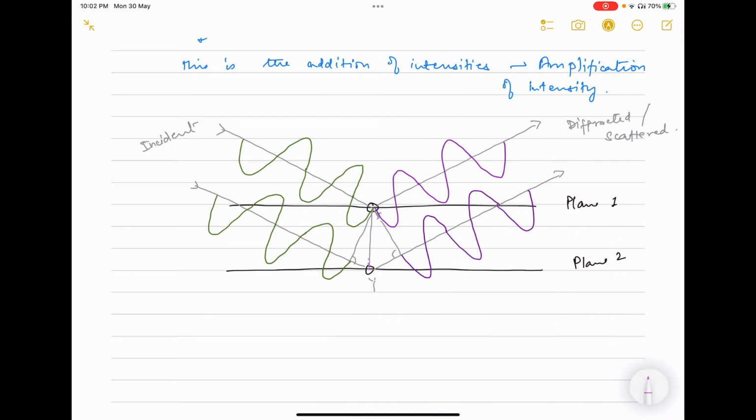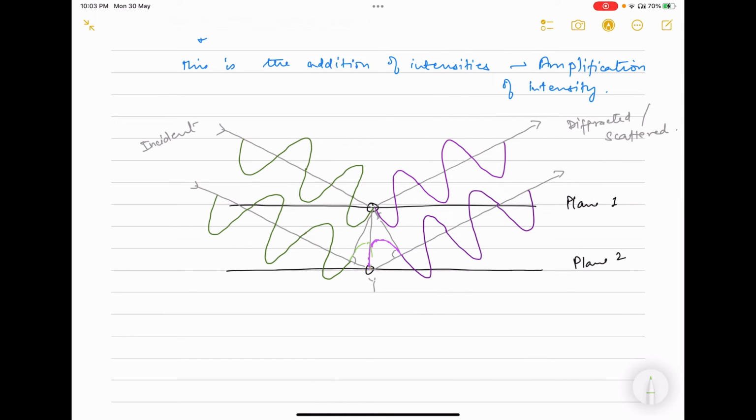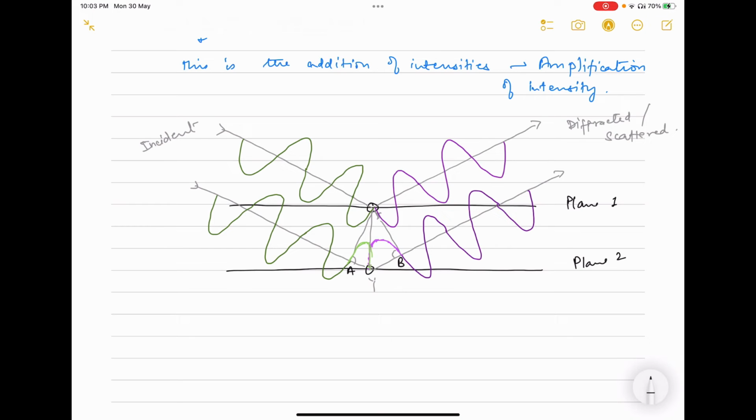This extra wavelength here and this extra wavelength here, this is half. So they constitute one complete wavelength. So this is suppose A, this is B. And suppose the spacing is D, H, K, L. Now the phase difference is pi, 180 degrees, upon scattering by atom Y.